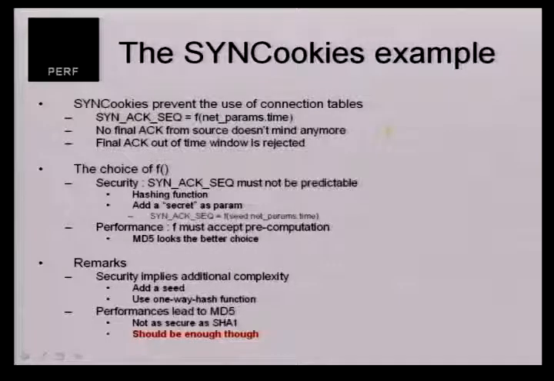So you would like to use some function which accepts pre-calculation. And there comes MD5. MD5 is okay, but you know that we saw some collision issues and all of this. But you can say that, okay, maybe it's enough. And this is this kind of trade-off. Well, sometimes the trade-off is just to say, you don't really need this MD5 stuff and all this, just a generic SYN cookie.